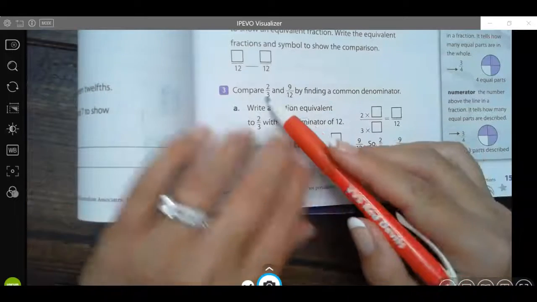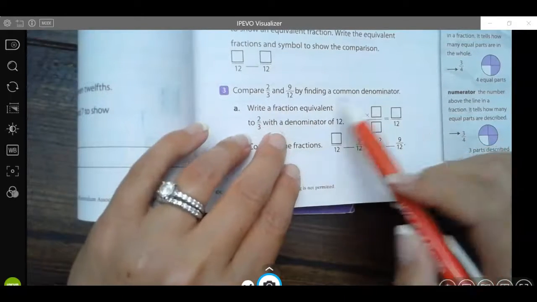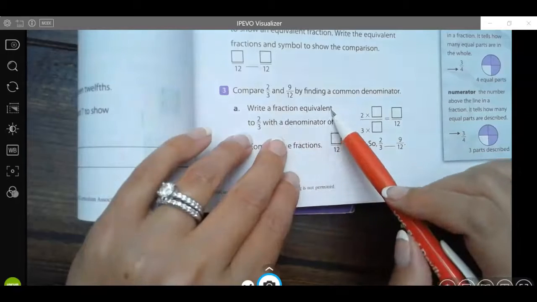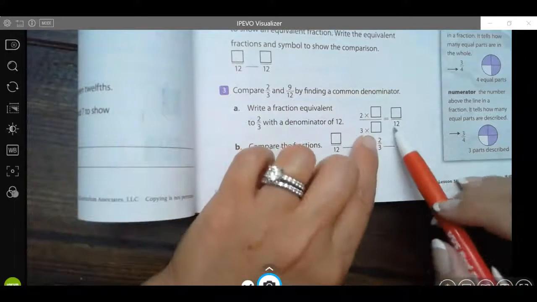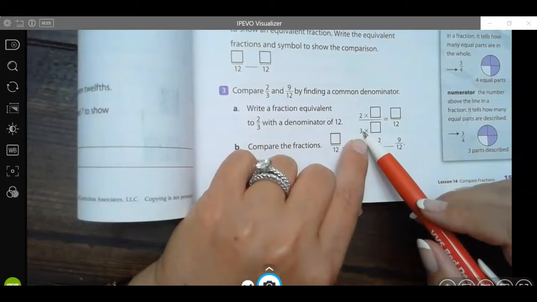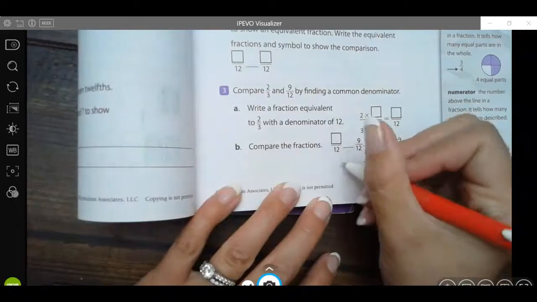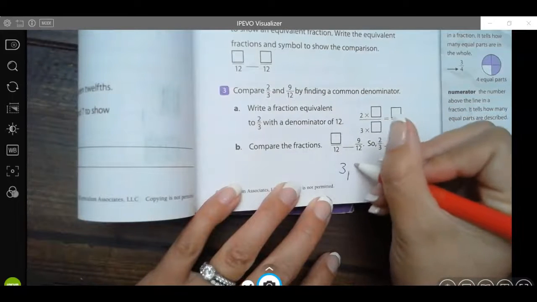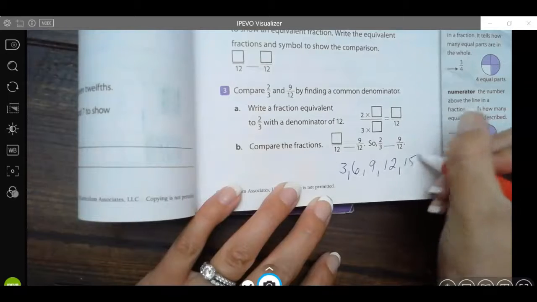So down here, it says compare 2/3 and 9/12 by finding a common denominator. Write a fraction equivalent to 2/3 with a denominator of 12. So it kind of has it already a little bit worked out for us. So it goes from 3 to 12. Because when you skip count by 3, 6, 9, 12, 15, right?